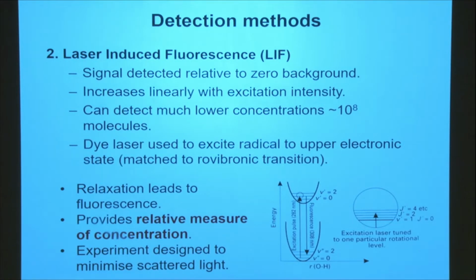We usually use a dye laser here to excite the radical to the upper electronic state, and then we're monitoring the fluorescence signal. So we don't really have a way to get the absolute concentration here. We're only looking at the relative measure of the signal relative to the initial signal strength.